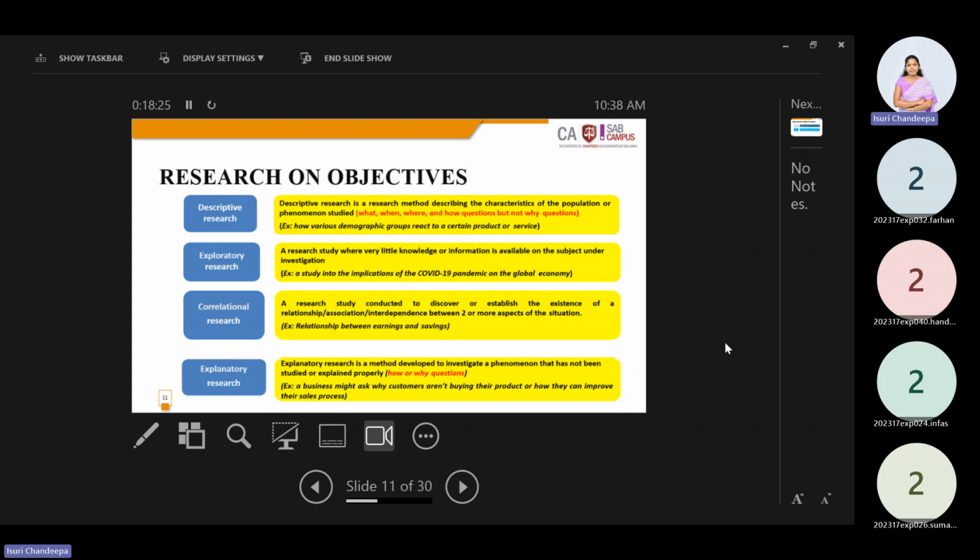Correlational research. What do you mean by correlation? You all had the subject statistics, so research is highly interrelated with statistics. Yes. Correlation.